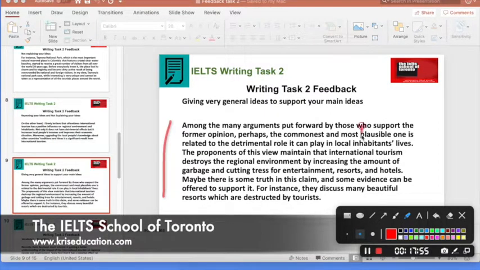Okay, the first sentence is working quite well. The second sentence is also working very well. This is all from the model. This test taker has memorized it and it's okay, but we've got the problem here.